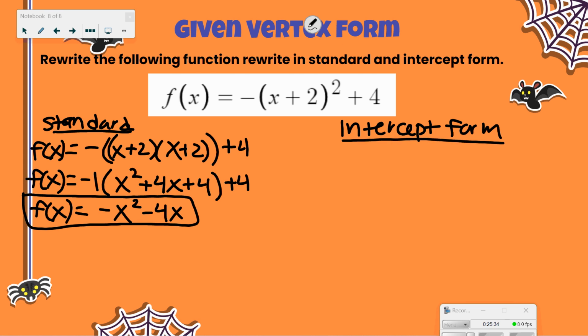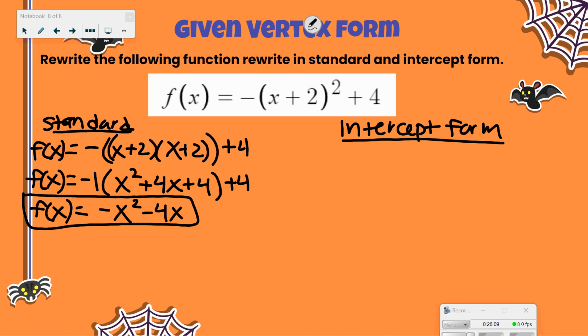So if I want to get into intercept form, what are some thoughts you have on how you could get into intercept form? You could just continue from standard form. And what would you do once you're in standard form? You're on the right track.